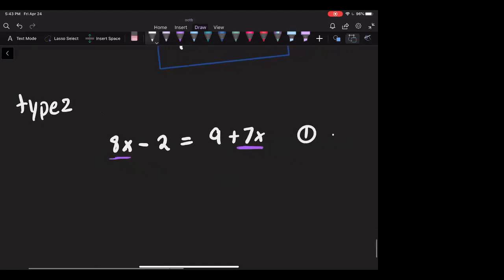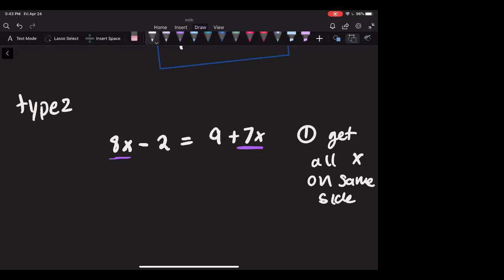Yeah. So this is how we do this. Number 1, the first goal is to get all the X's on the same side. Whichever X number is smaller, we're gonna move that one. 7 is smaller than 8, right?